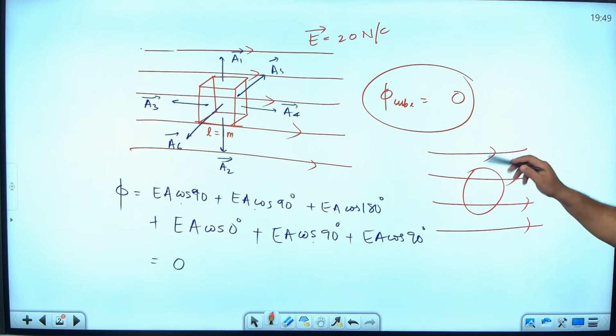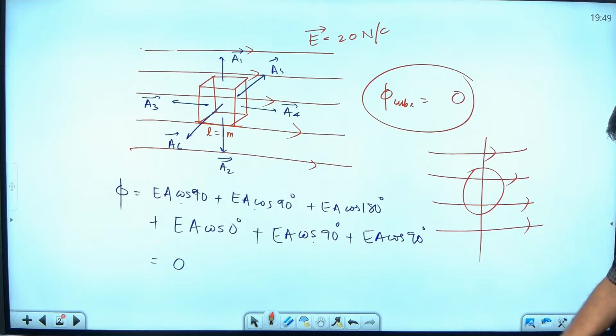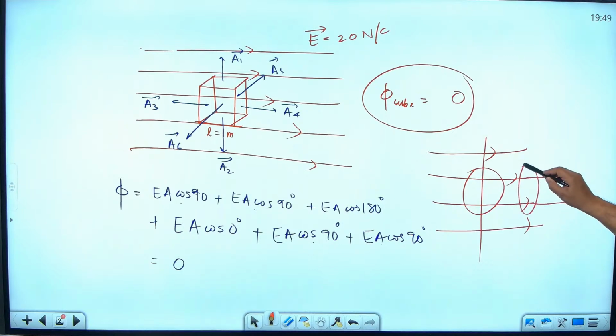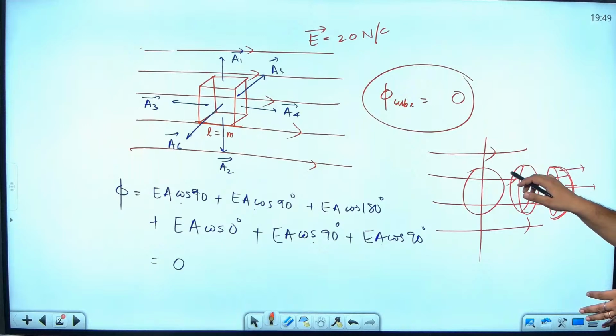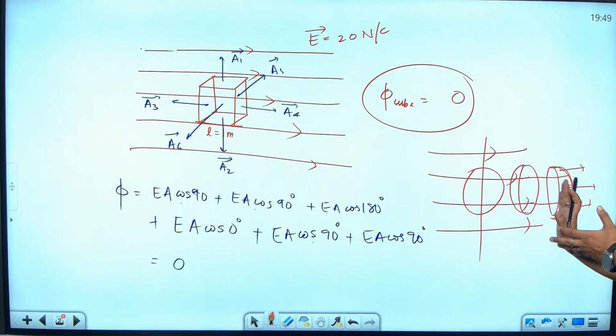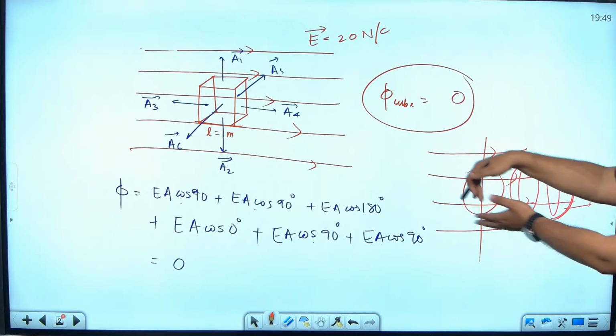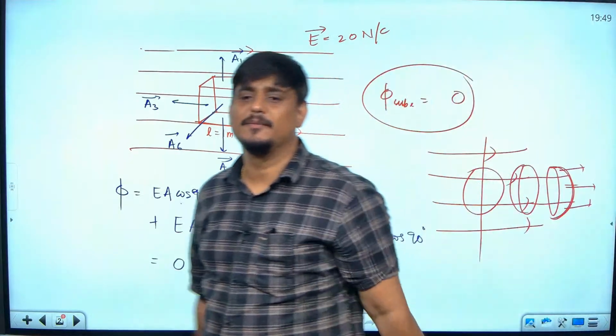What I will do for your understanding, I will divide the sphere in 2 parts, one part like this, another part like this, isn't it? So for this part, the electric field in this direction and area vector will be having different values, and for this part, area vector will be exactly opposite to that. So whatever flux produced here plus direction will be balanced by minus direction, value will be 0 only. Got my point?